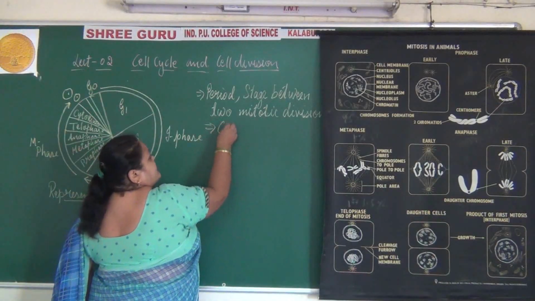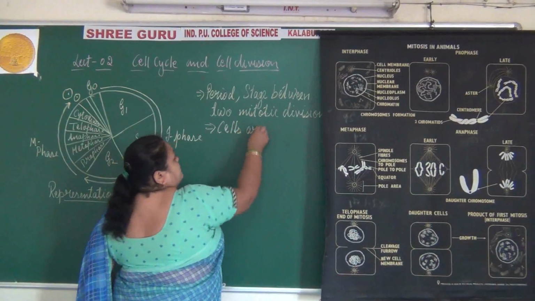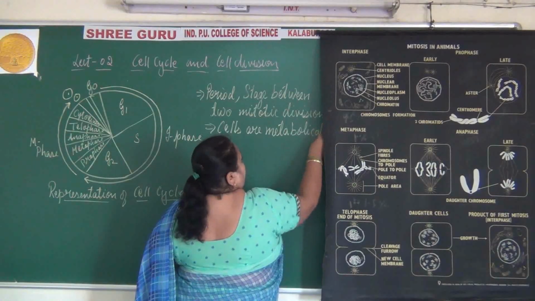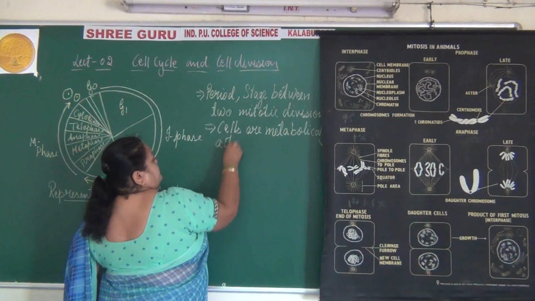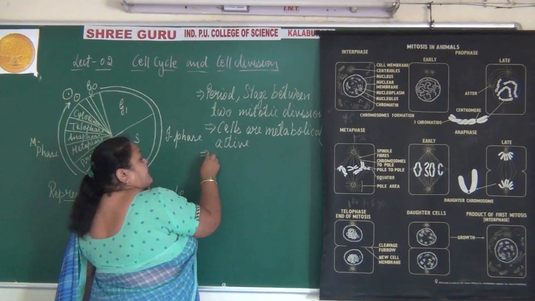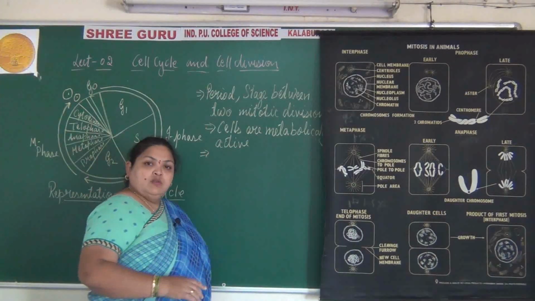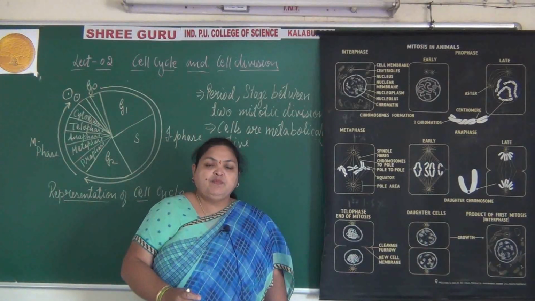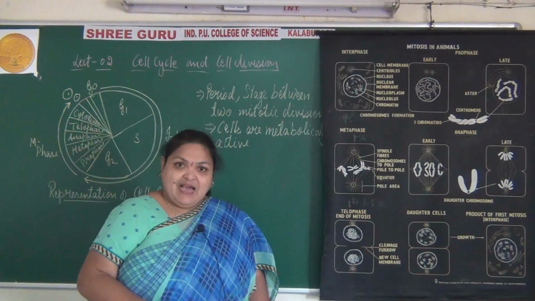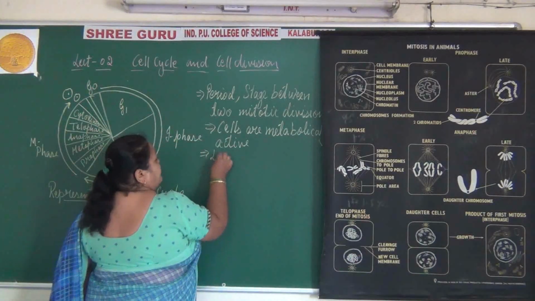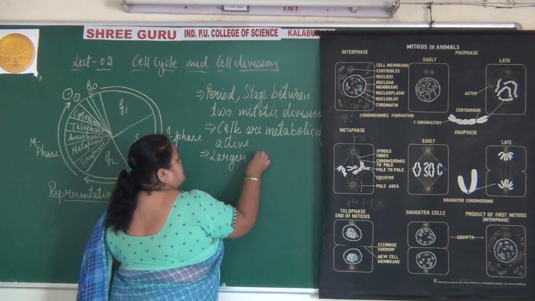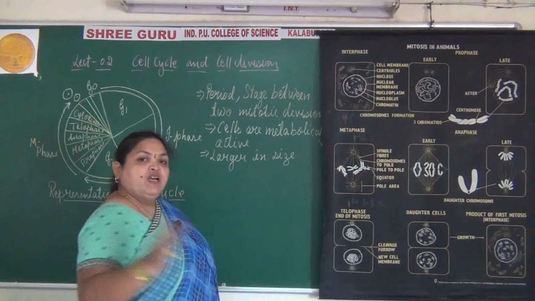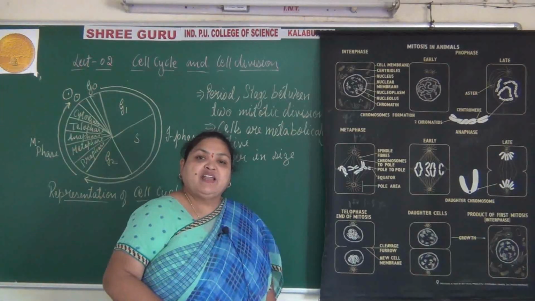In this, the cells are metabolically active when compared to other processes, and especially in the process of cell division. The cells are metabolically active and usually are larger in size.